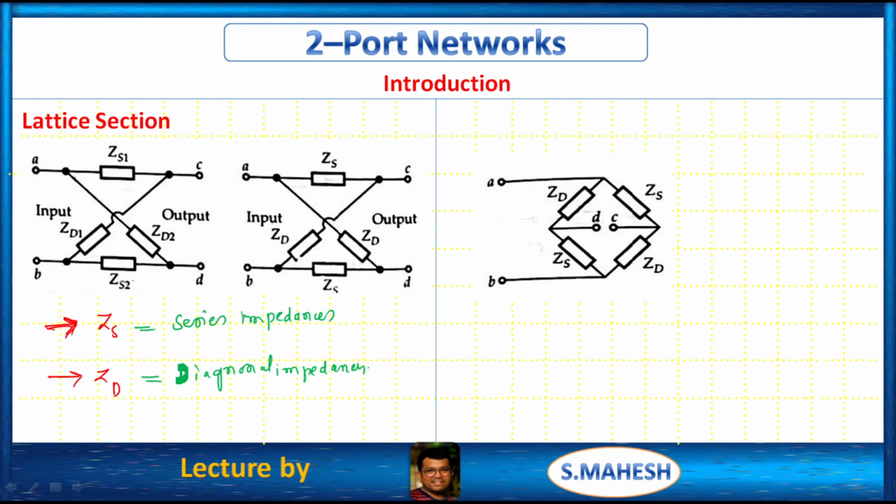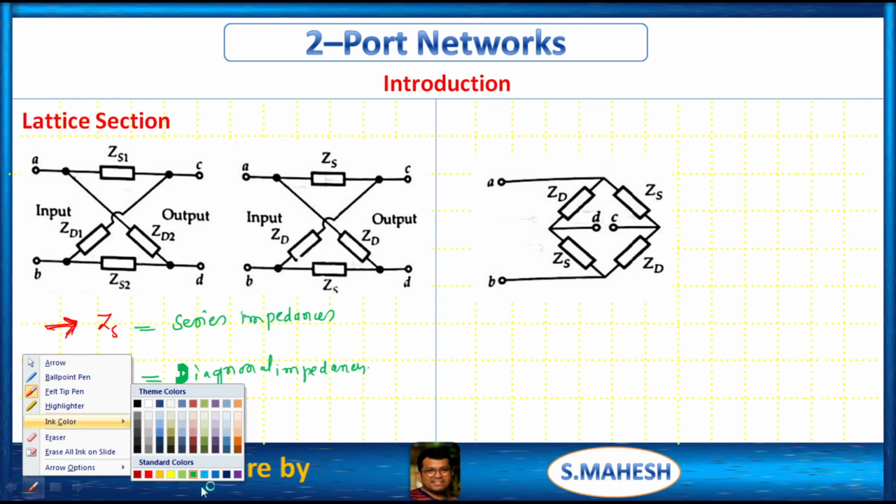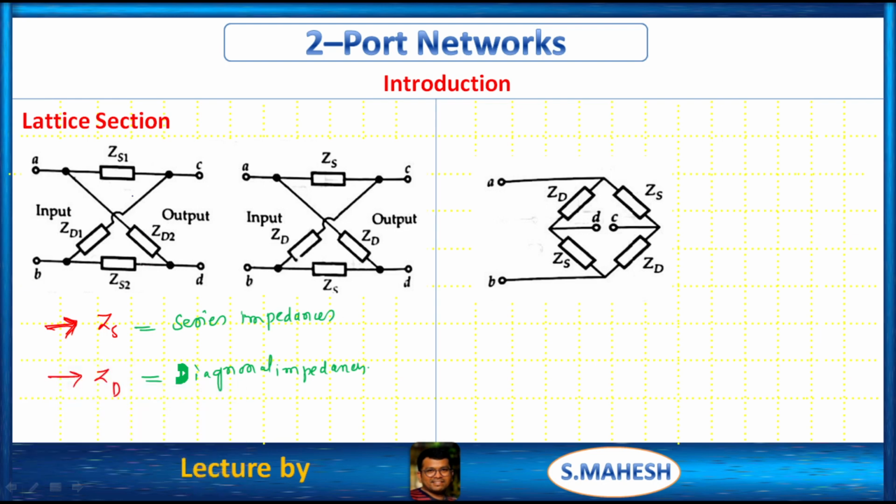So here which one is symmetrical section, which one is asymmetrical section? See, here the series arms are ZS1, ZS2, ZD1, ZD2. So this is unsymmetrical, right? This is symmetrical, because we have the same value of series arm impedances as the diagonal impedances.